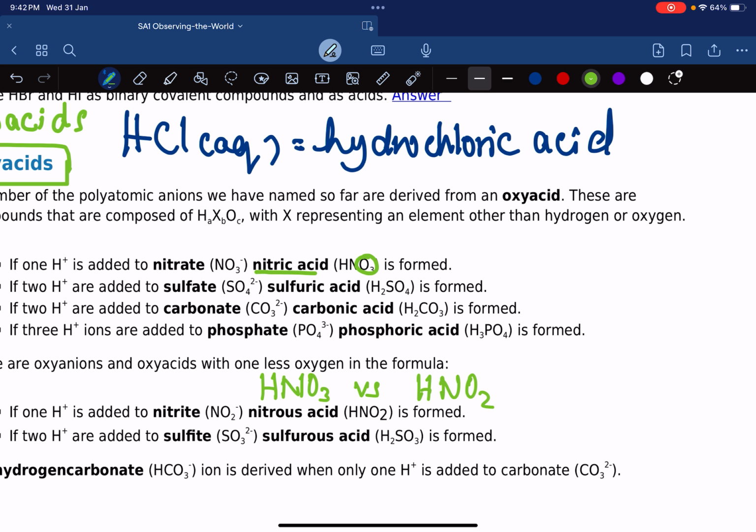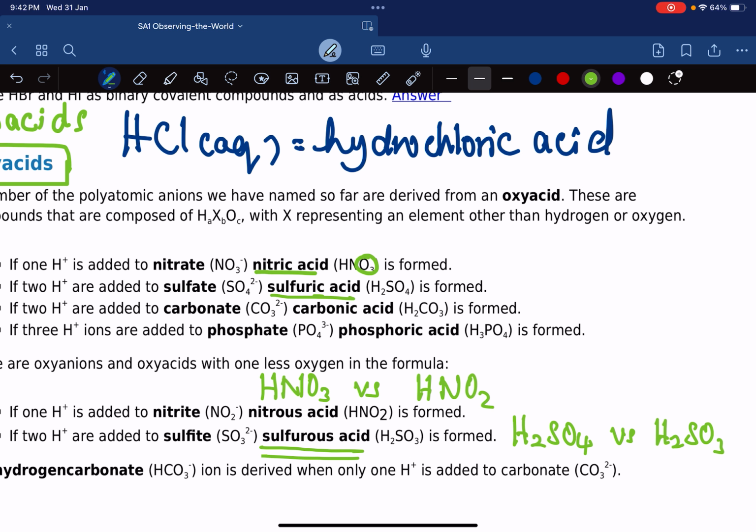Same thing with sulfuric acid, H2SO4, versus H2SO3, which is sulfurous acid. You need to know the names here. Sulfurous acid, and the other one is sulfuric. Ic is 4, ous is 3.